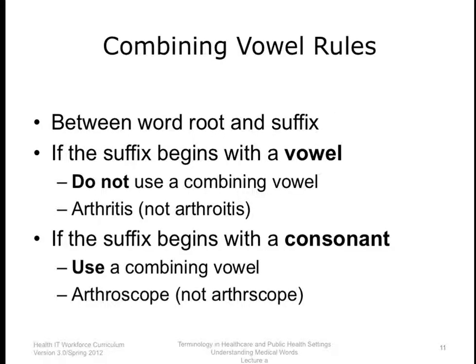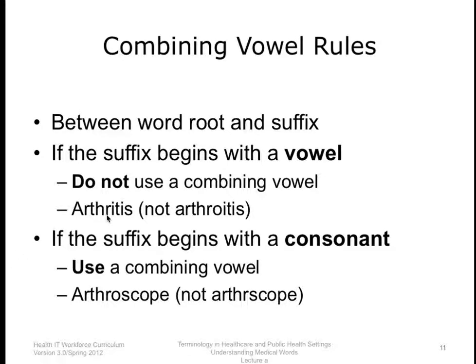Just like any language, there are rules regarding the use of vowels. The rule we see in this slide deals with the use of the combining vowel between a word root and a suffix. Okay? If the suffix begins with a vowel, then you don't use a combining vowel. For example, in the word arthritis, arthr means joint. Okay?